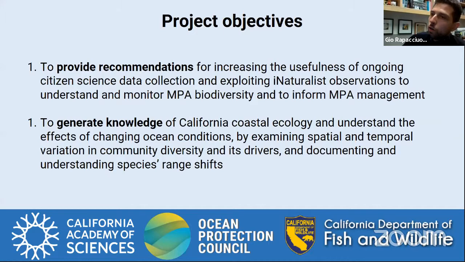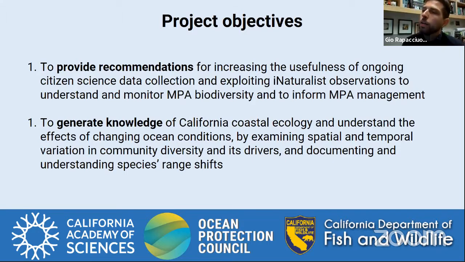So just to go over quickly the project objectives, 1 and 2. The first one was to provide recommendations for trying to make sense of these noisy data and extract some clear and reliable biological signals that could be used for management of MPA biodiversity and coastal biodiversity in general.